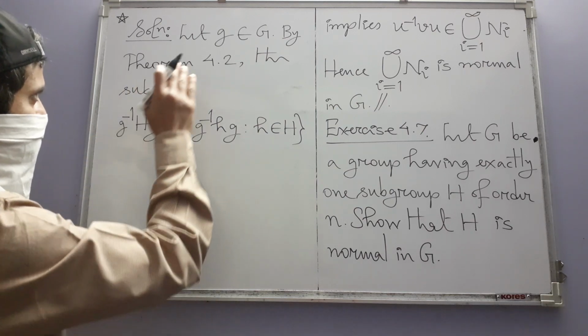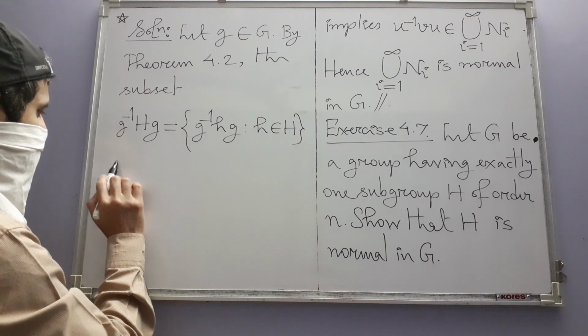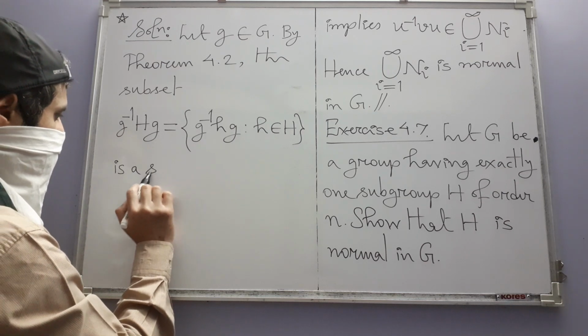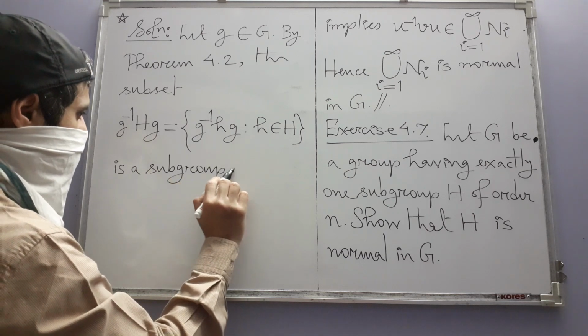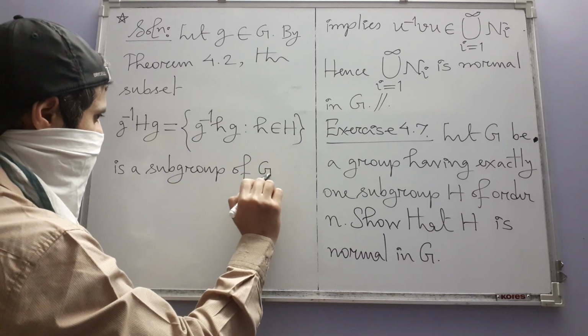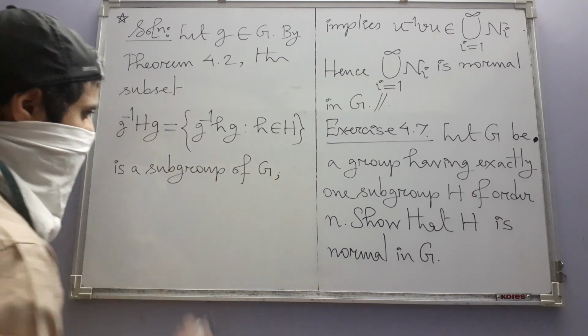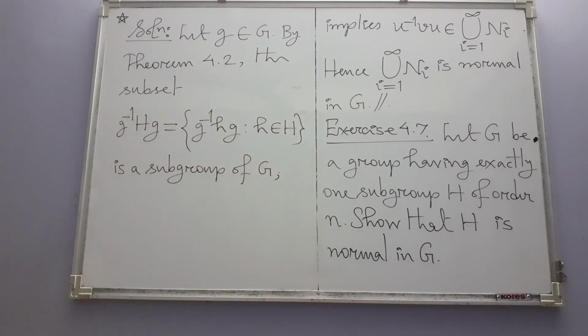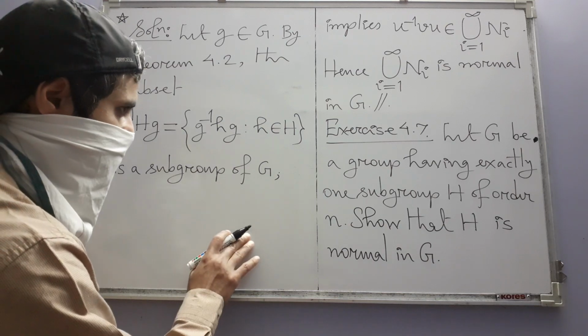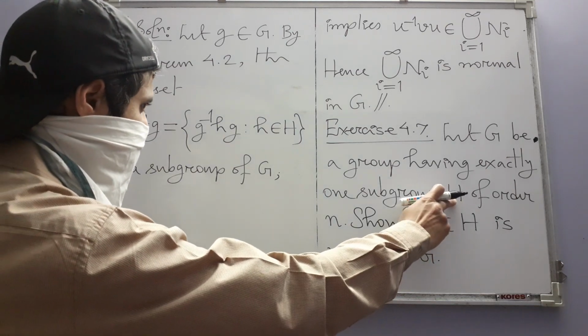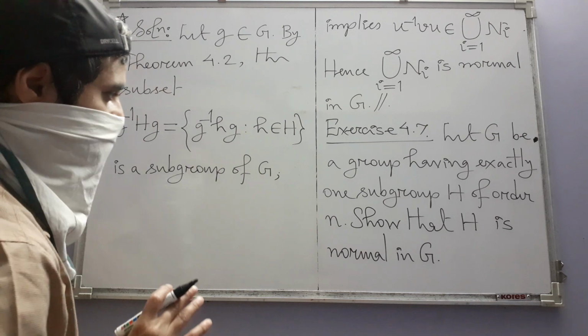This subset by this theorem is a subgroup of G. Okay, so the theorem says that it's a subgroup of G, but additionally it's given that H is finite.